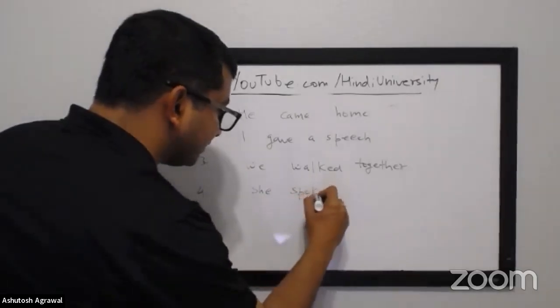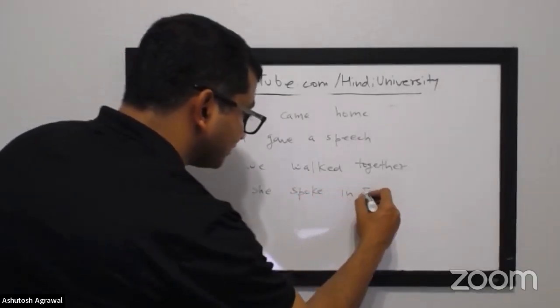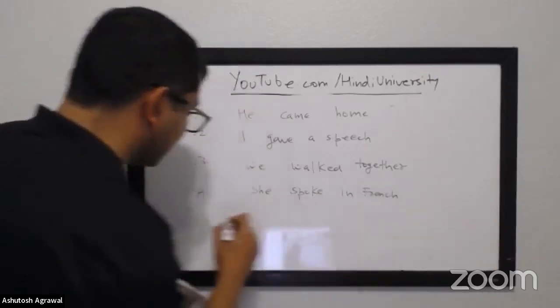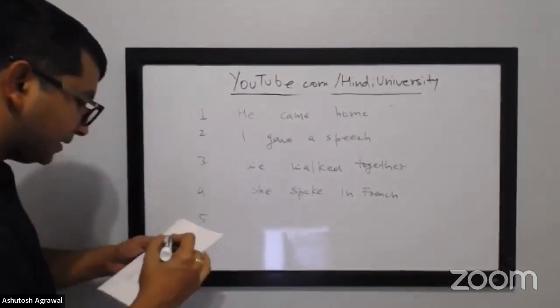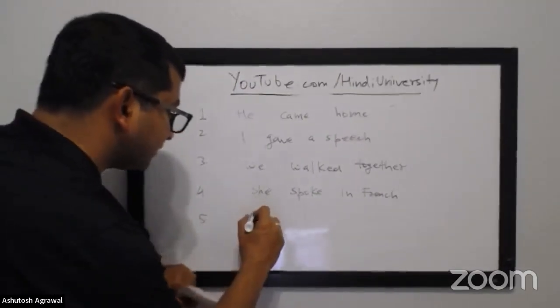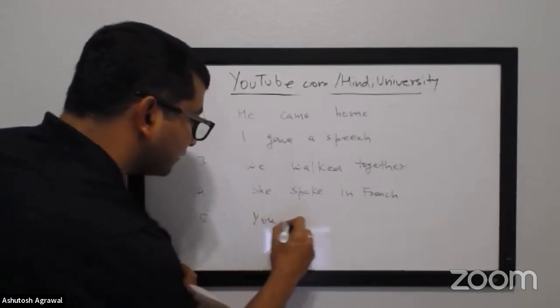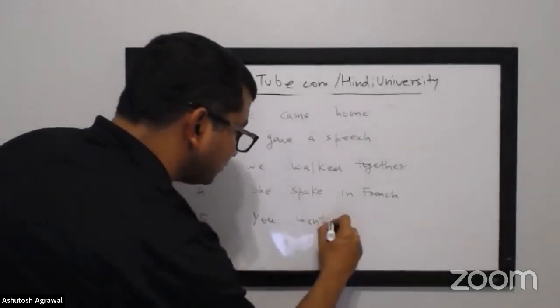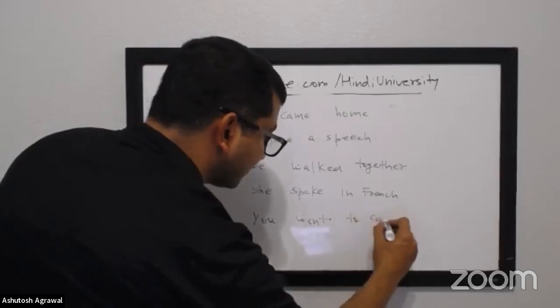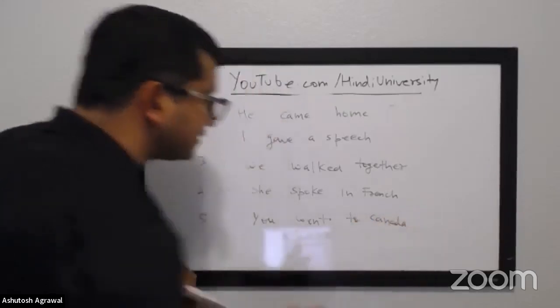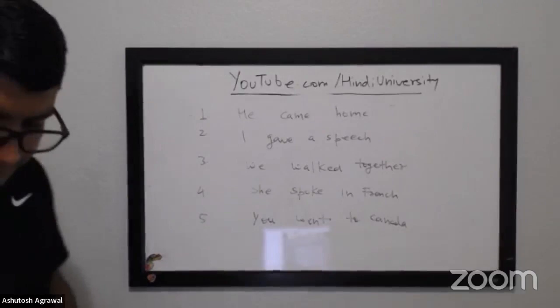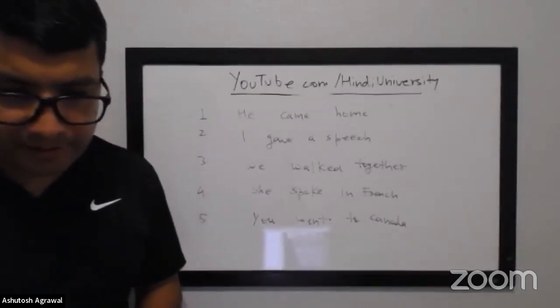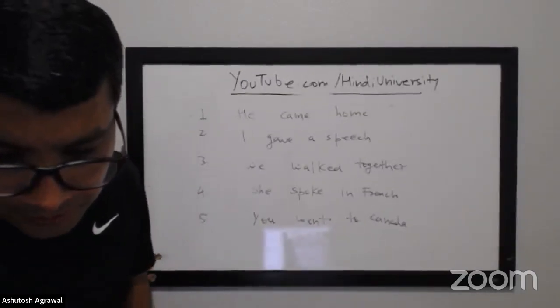This is an interesting one, but it's okay. The fifth one is, you went to Canada. I want you to write down in which of these sentences the verb has a direct object, and which sentences have no direct object. All of you.